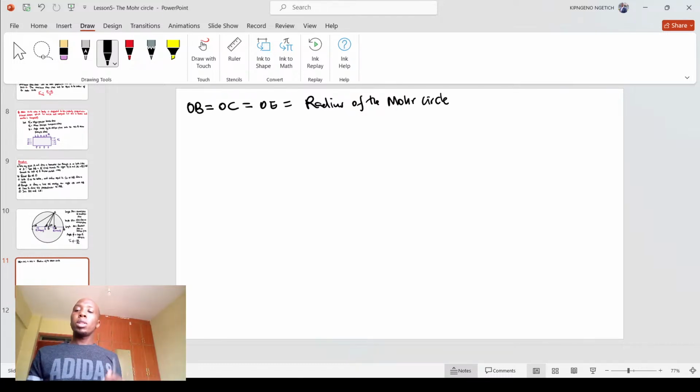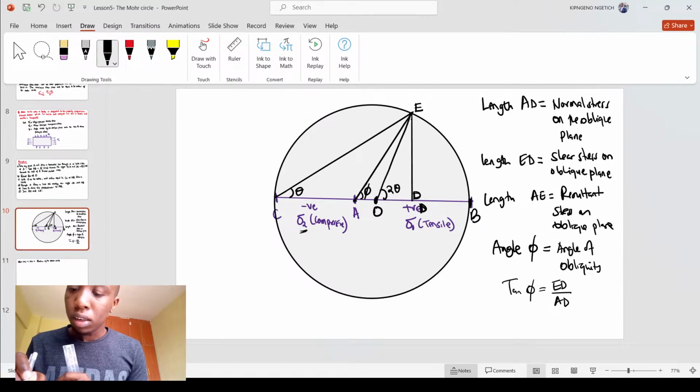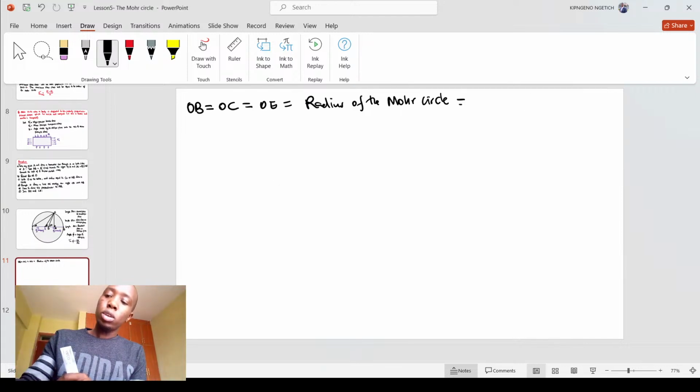So with that, what does that mean? That means that for you to obtain the radius, you will add AC, which is the minor stress, plus the major stress, which is AB, divided by 2. So, which is also given by stress 1 plus stress 2 over 2.